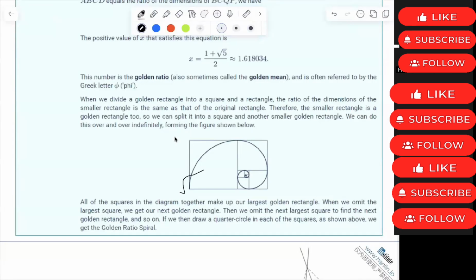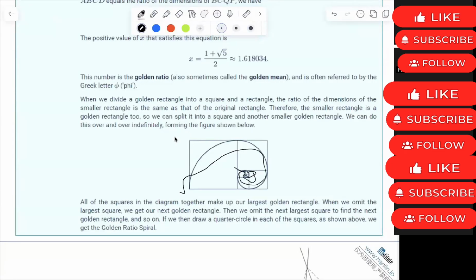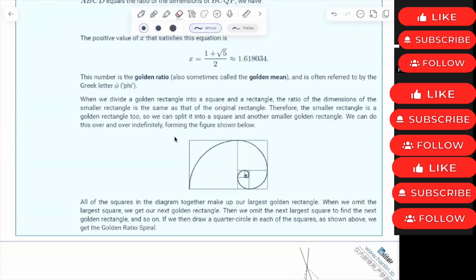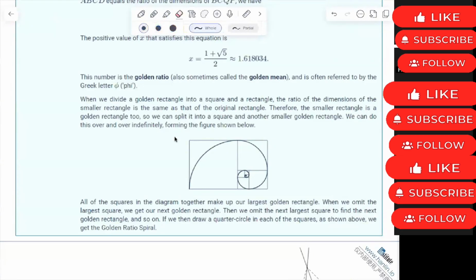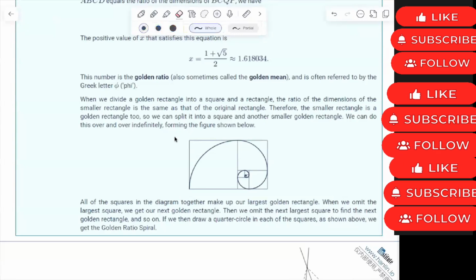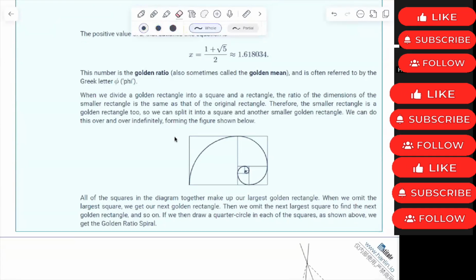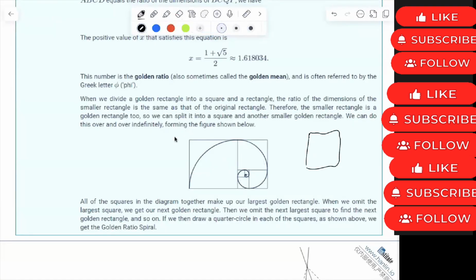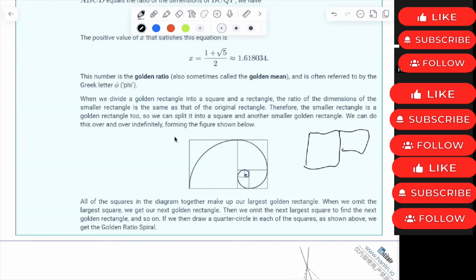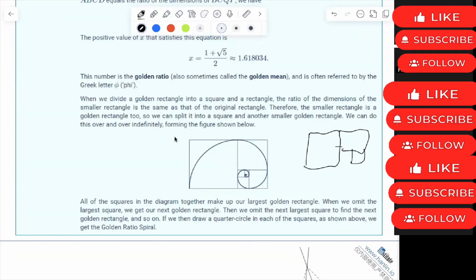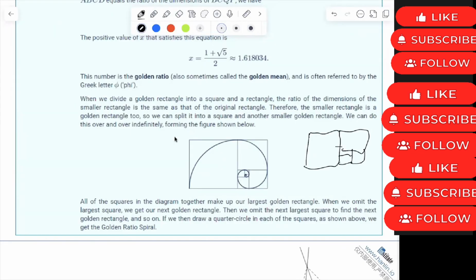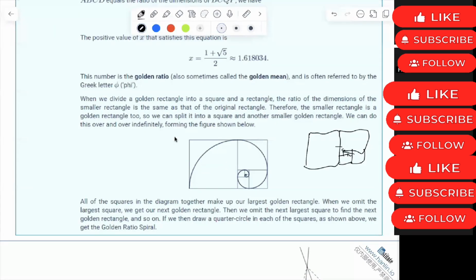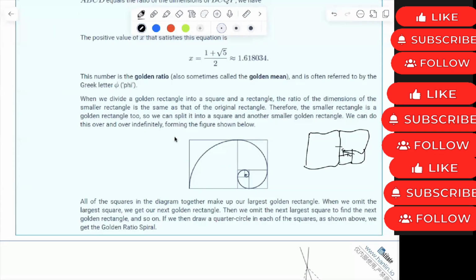And then it goes on forever and it spirals, very cool. You can see it on nautilus shells, and you can search up very beautiful patterns imbued with the spiral, right? Basically we have a big square, and then we have a smaller square, and it just goes on forever, basically bisecting this square, right?